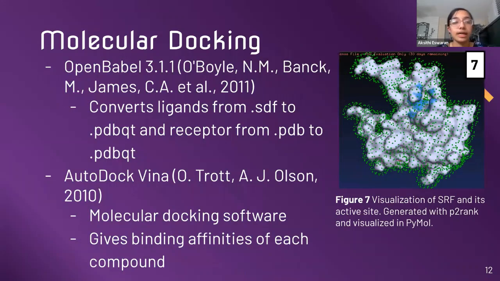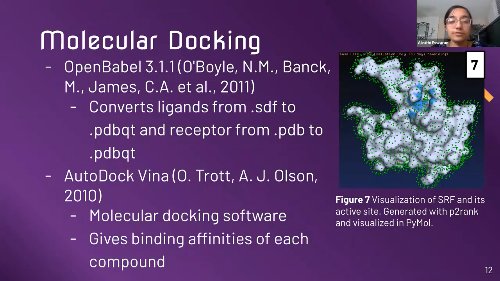And so from our k-means and HDBSCAN clusters, we picked out 10 compounds, which Ojasvi will go more into in our results. And with those 10 compounds, we performed the molecular docking. We used AutoDock Vina for molecular docking. Basically, AutoDock Vina visualizes how well a compound would bind to our target, SRF, and it gives the binding affinities for each compound.